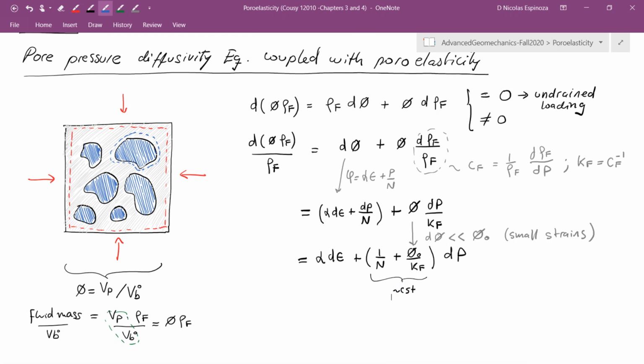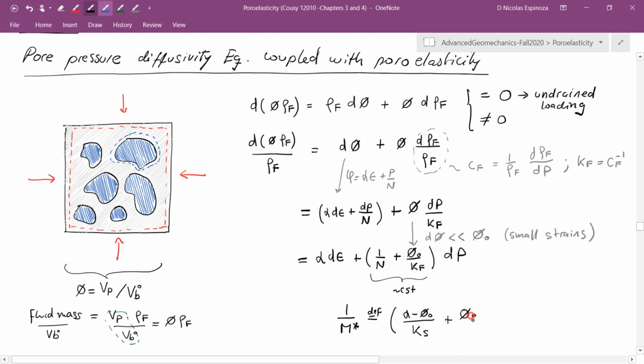summarized in what is known as the Biot modulus, where the Biot modulus is defined as, and the Biot modulus is this M star, is defined as what I have over here, but I'm going to go one step further, and if you remember, we had an equation for n as a function of the Biot coefficient, the initial porosity, and the bulk modulus of the matrix, and here I'm just copying the rest of the equation.